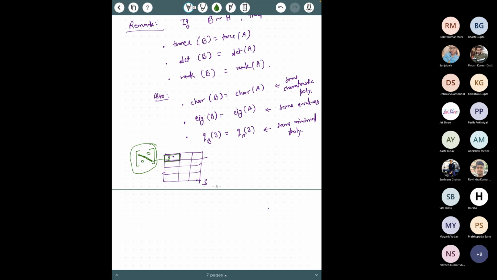This is what we are trying to do. So the question is, can we choose a representative from each equivalence class which is as simple as possible and provides maximum information of the class elements?